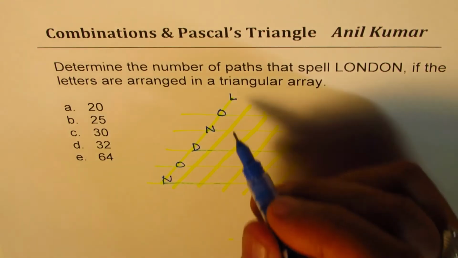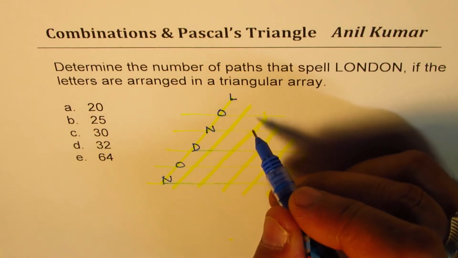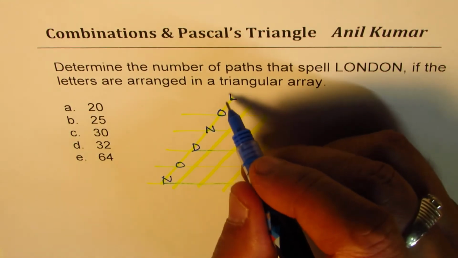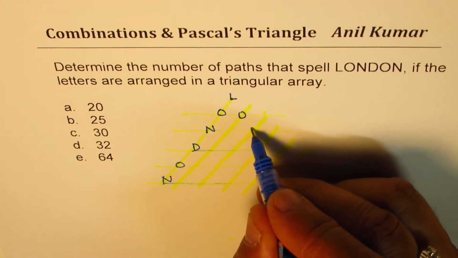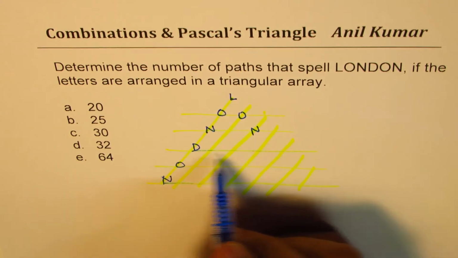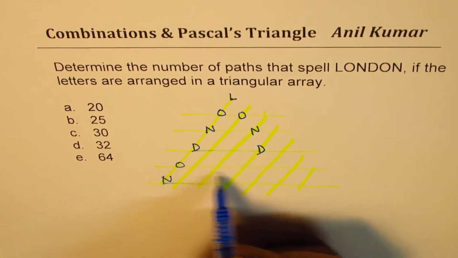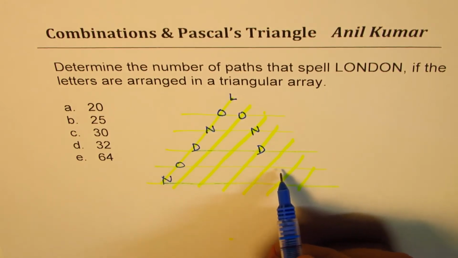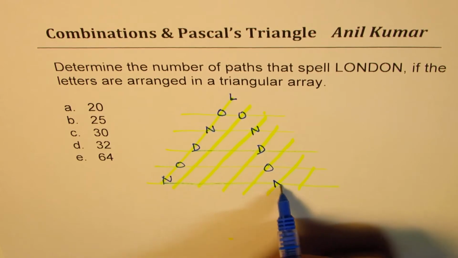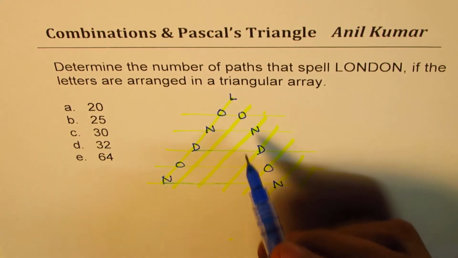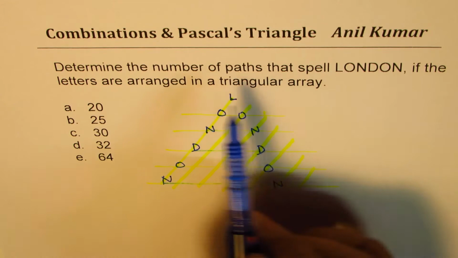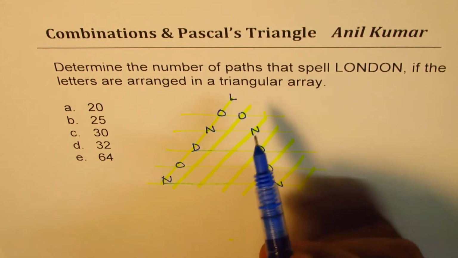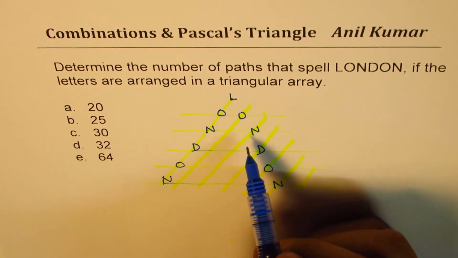All right, so we could go like this also, writing this as L-O-N-D-O-N, right? London, right? The number of paths in a triangular array means we are moving diagonally, kind of like this, right?